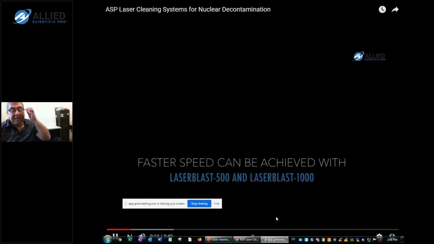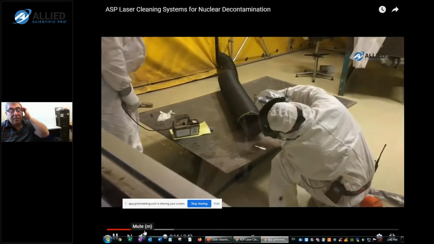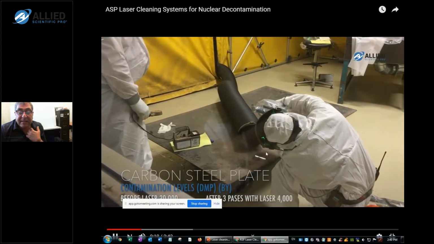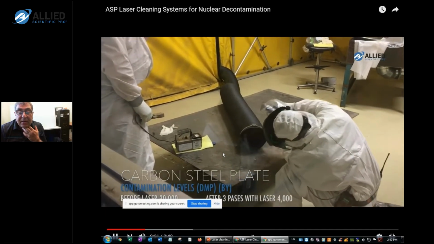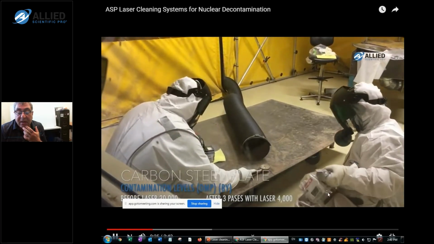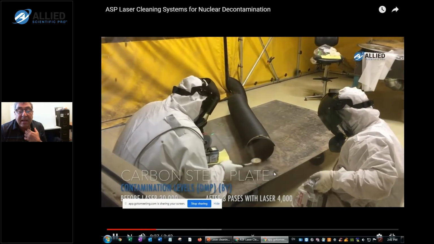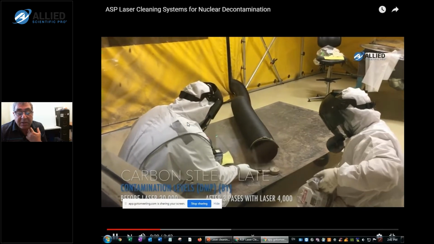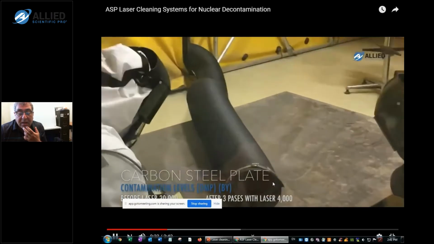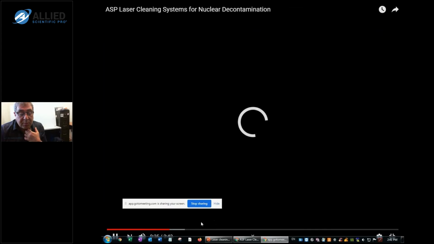So, 100-watt system. Here the metal is being cleaned, the metal plate. The engineer technician is cleaning it with our laser cleaner 100-watt system, and the radiation technician is measuring the disintegrations per minute.